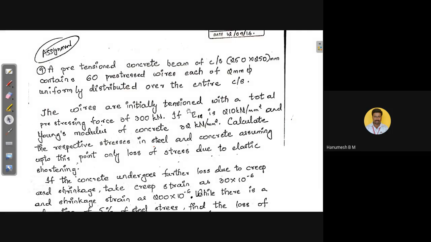The wires are initially tensioned with a total pre-stressing force of 300 kN. The initial P_i in the cable is 300 kN.